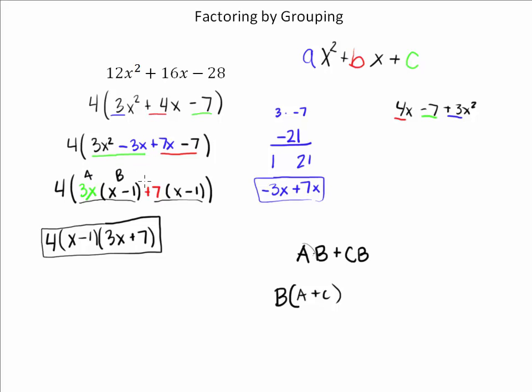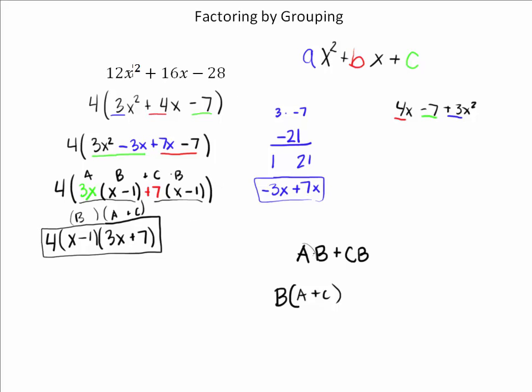This is my b value, plus this is my c value, times the exact same thing right here. So what I'm doing is pulling that b value out, there it is right there. And I'm left with my a value, 3x, plus my c value. So it is essentially the exact same thing as I'm doing right here, except I'm just doing it with a binomial instead of a monomial, which can be kind of weird. But anyways, that's how you factor by grouping.